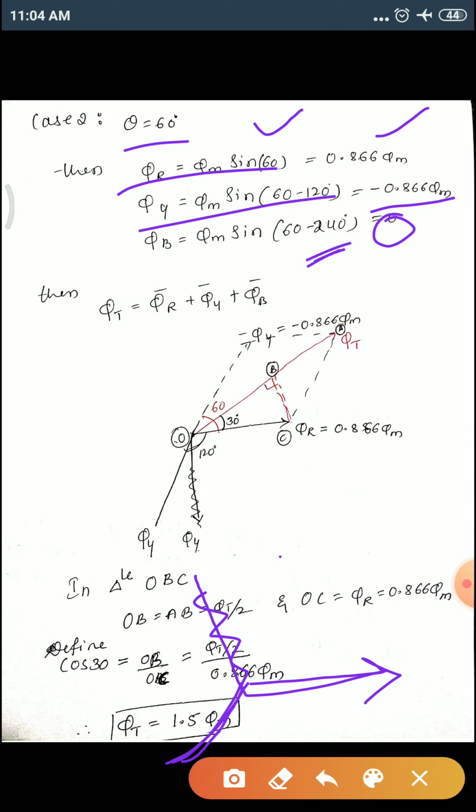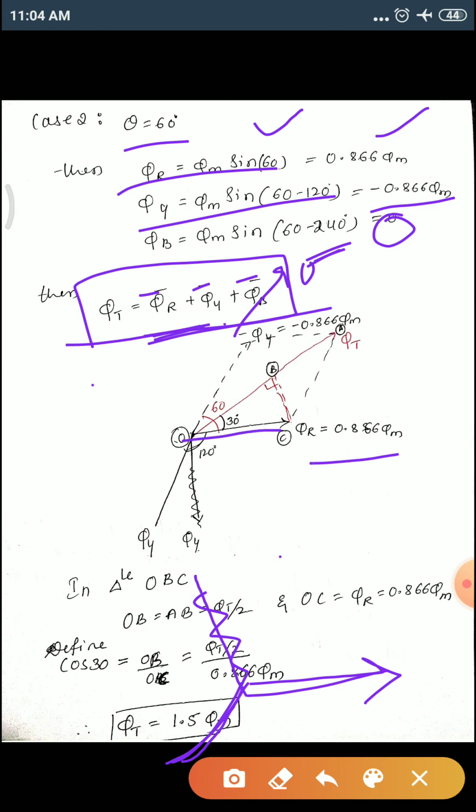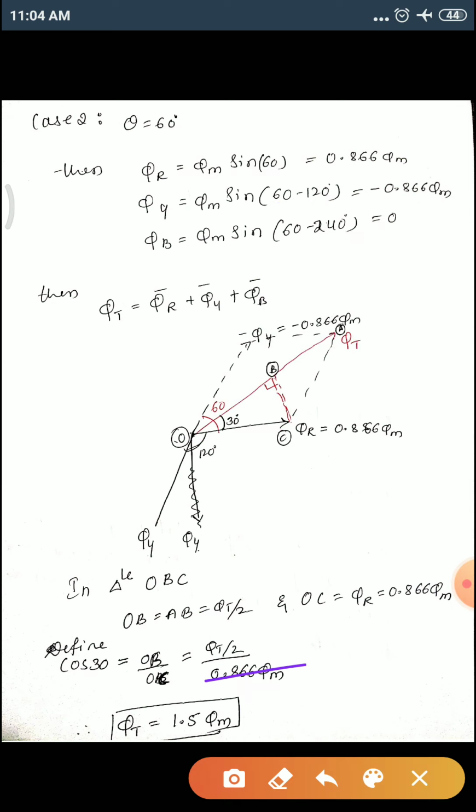So total flux phi t will be equal to the summation of all three phases in vector, through the vector diagram. Phi r plus phi y plus phi b, with phi b equal to 0. Add these two. As we know, phi r is 0.866 phi m.